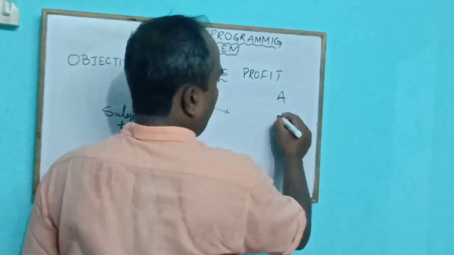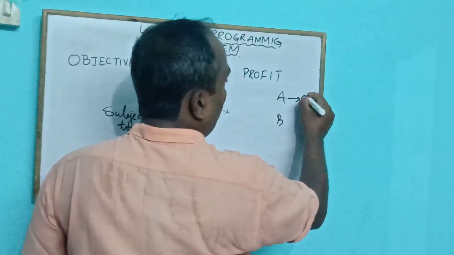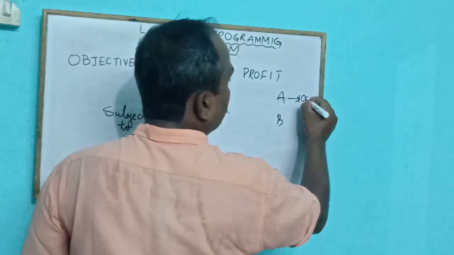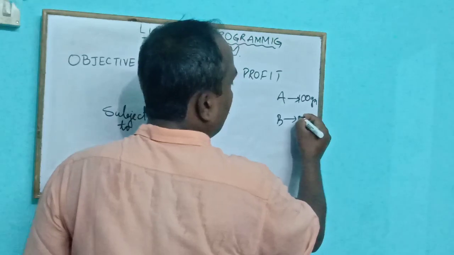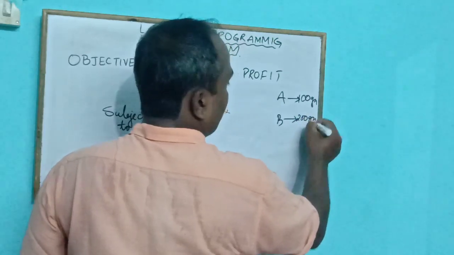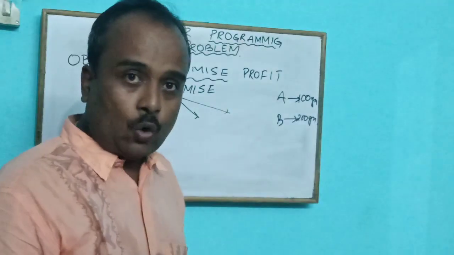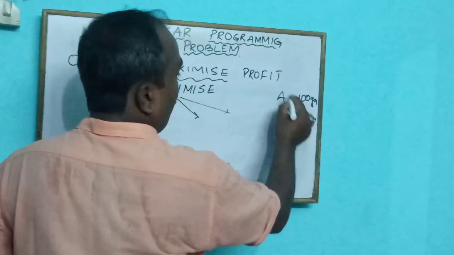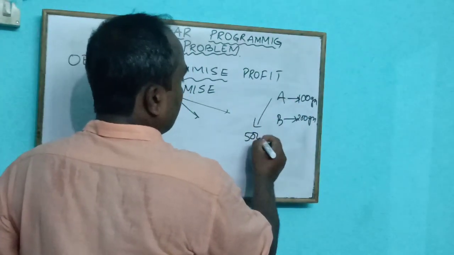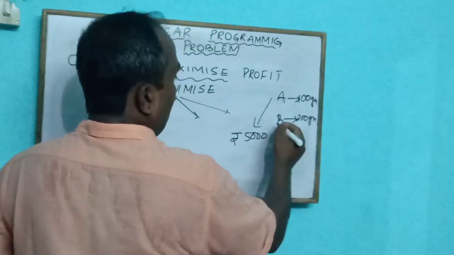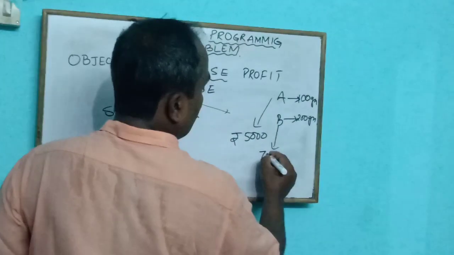Remember, raw material A and B. Maybe raw material A we can give only, say, 100 grams per unit, and raw material B maximum we can give 200 grams per unit. And suppose the cost of raw material A is, say, 5,000 rupees, and the cost you can spend on raw material B is maximum 7,000 rupees.